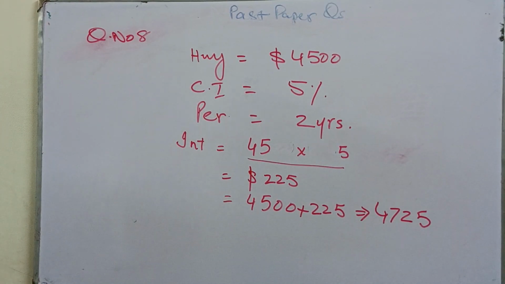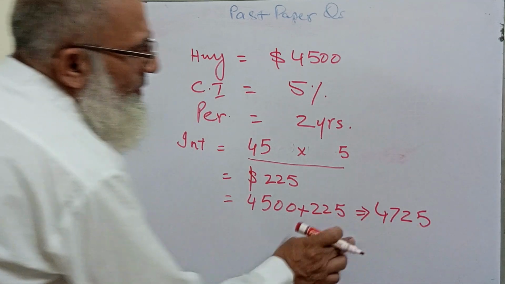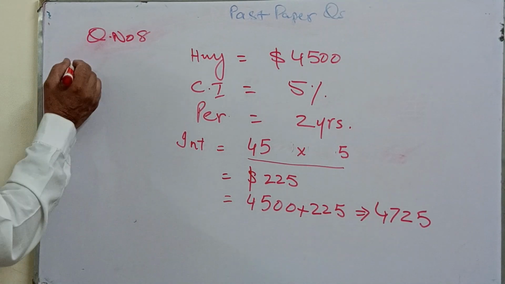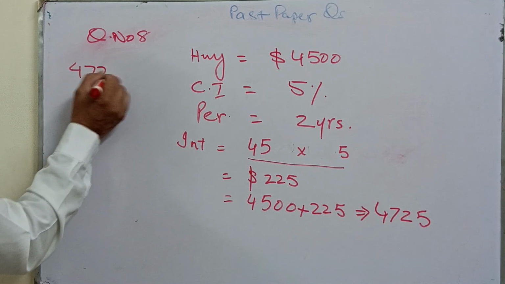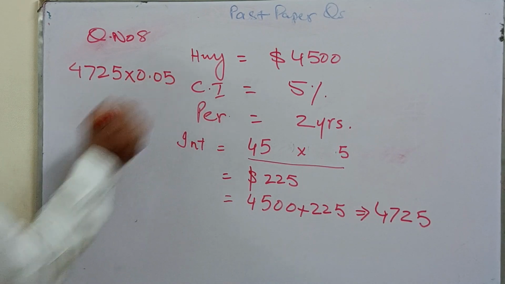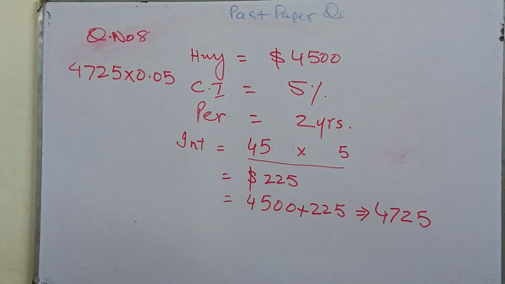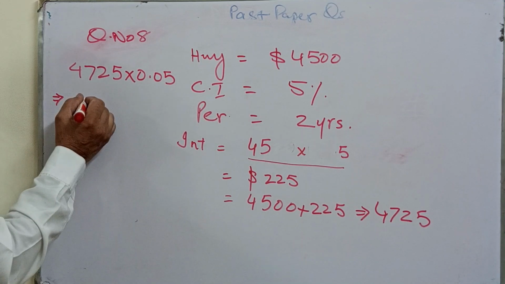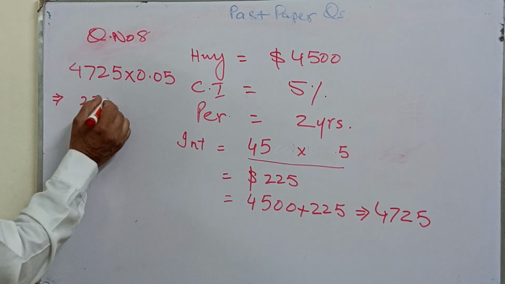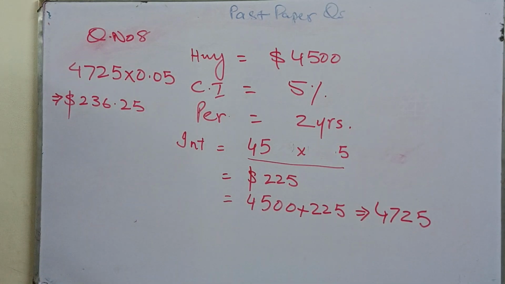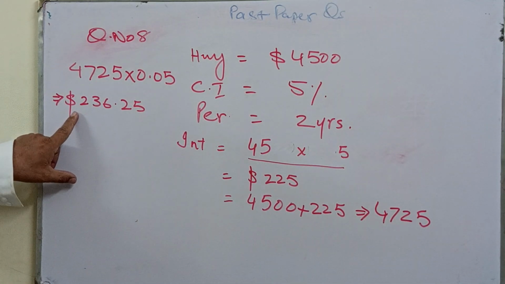Okay, now this is 4725. Again 4725 multiplied by 0.05, or 5%. This is very simple. Now this will become $236.25, the interest for the second year.